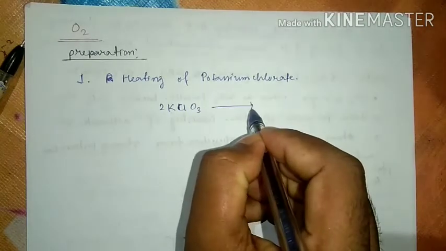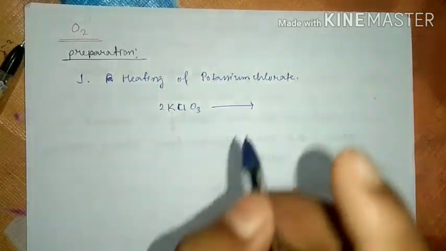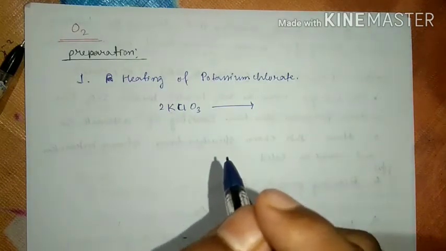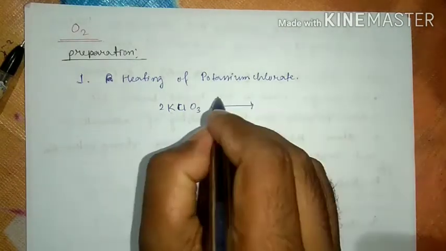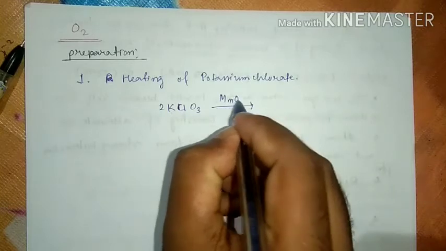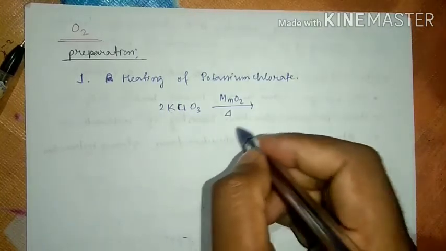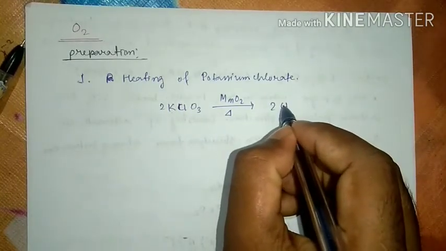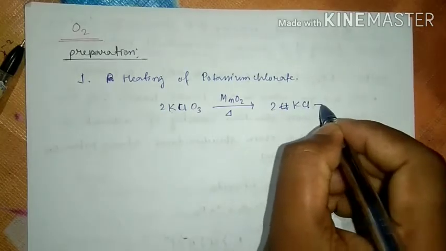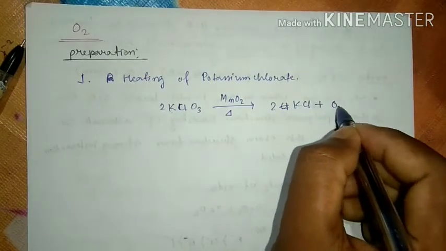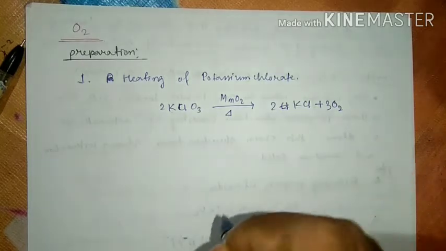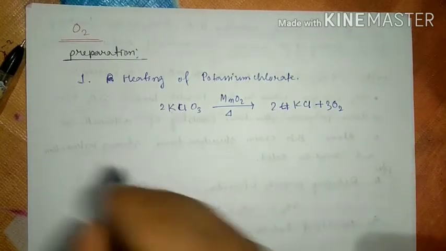When it is heated in the presence of a catalyst, manganese dioxide, we obtain 2 moles of potassium chloride plus 3 moles of oxygen.